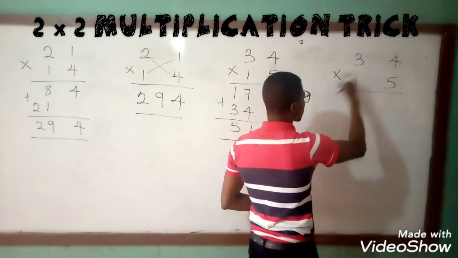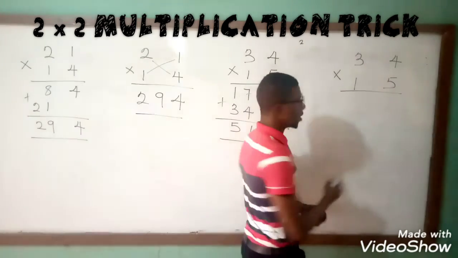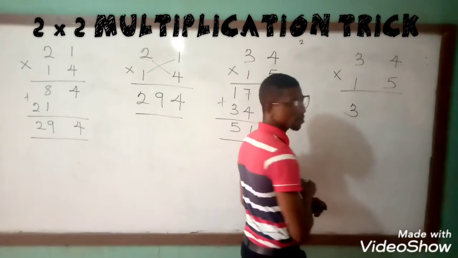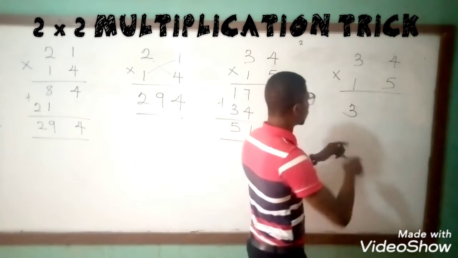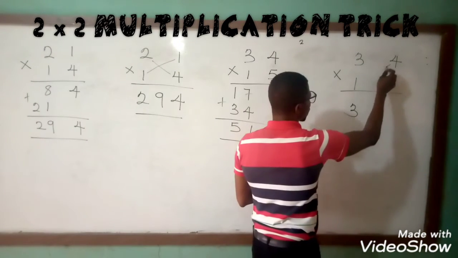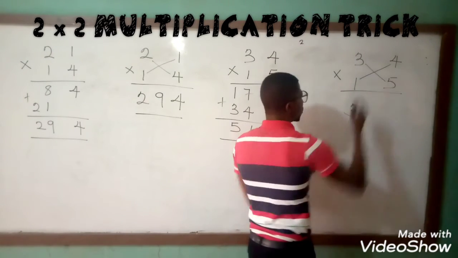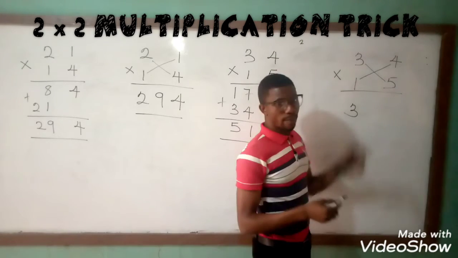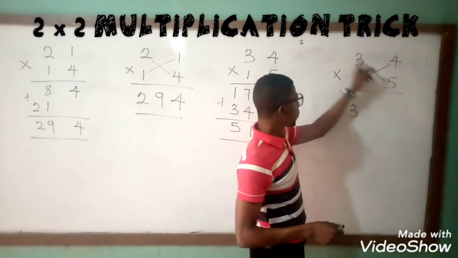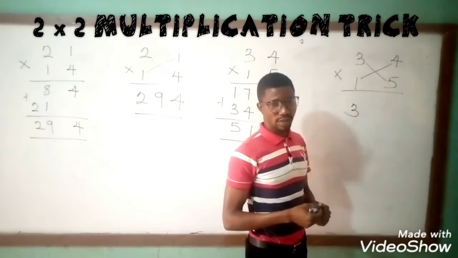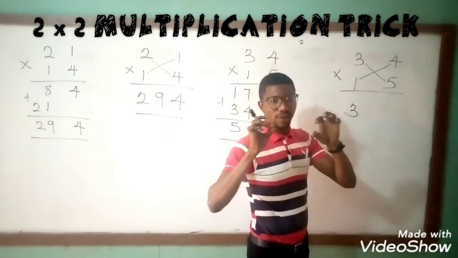1 times 3 is 3. Then, what is next? You cross multiply. Use these ones: we multiply the major diagonal or leading diagonal values and multiply the minor diagonal values, and add the two values.